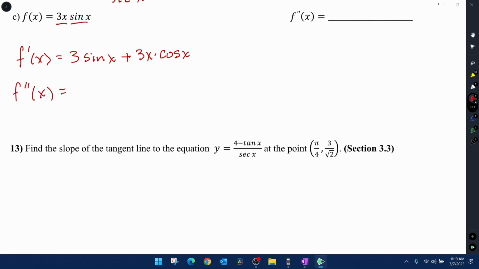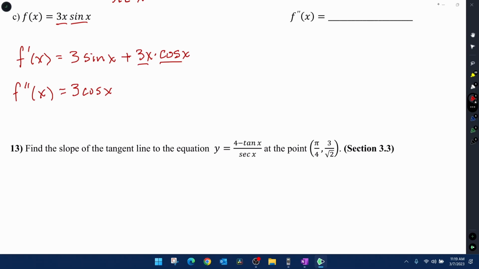And then we can take the derivative again. Now, notice my first term of the first derivative doesn't require the product rule because there's no x here now. So the derivative of sine, cosine, and he just keeps his coefficient. But for the other term, we're going to have to use the product rule again.